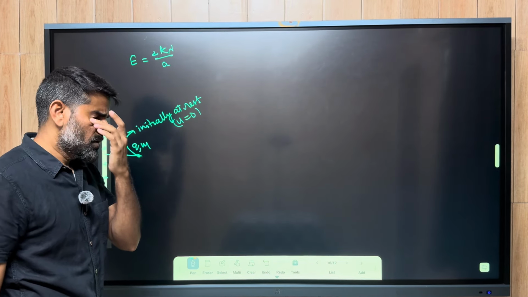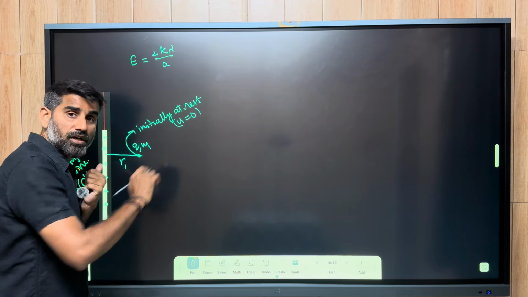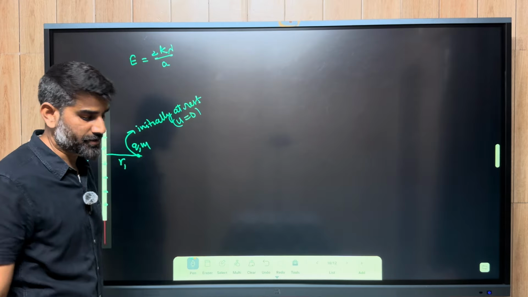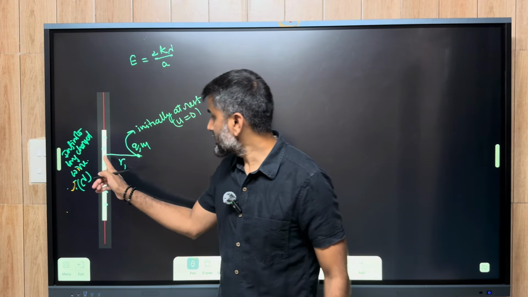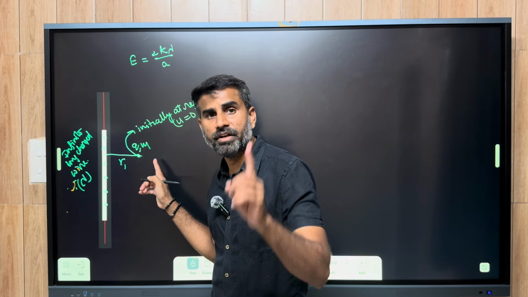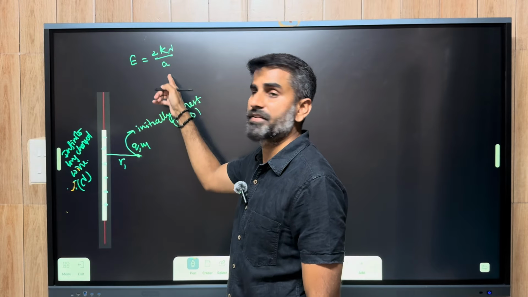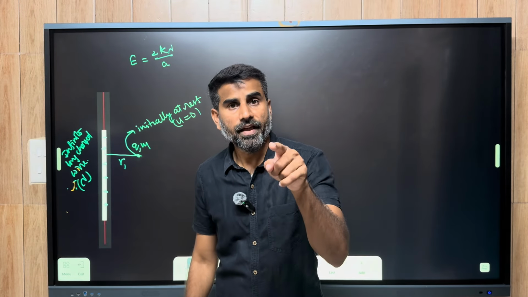It is accelerating. But the field varies with distance. That means force also varies with distance, so force is not constant. Follow the points. As the distance A increases, the electric field strength decreases.